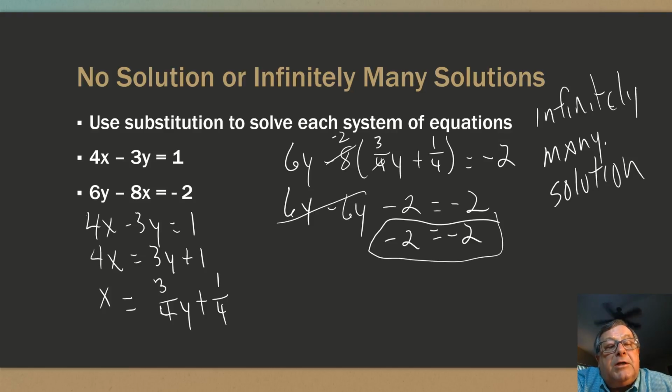If I really looked at this equation, I could see that there's a relationship here. There's a ratio: 4x to negative 8x. Well, negative 8x is negative 2 times larger than 4x.